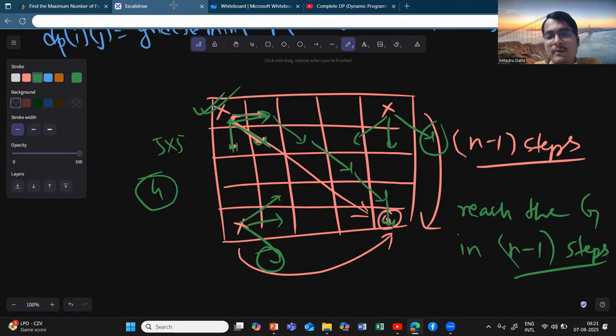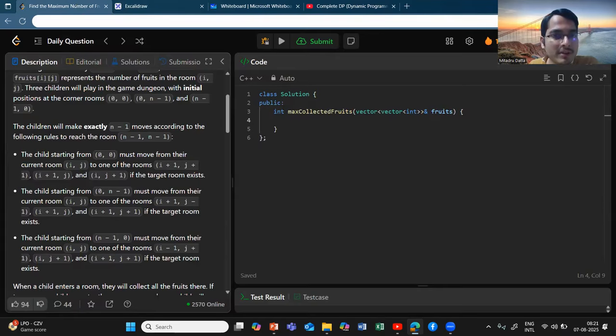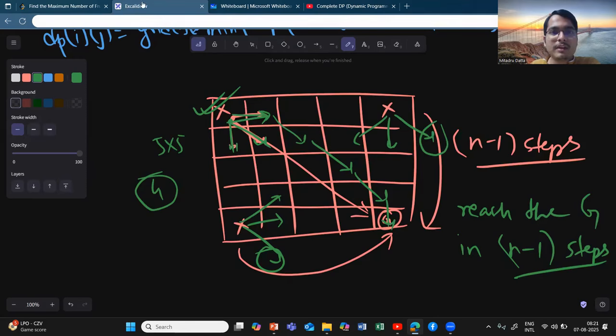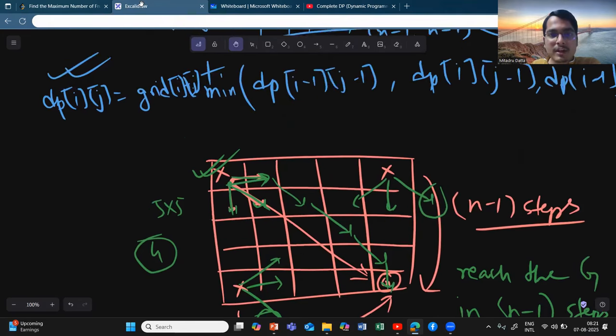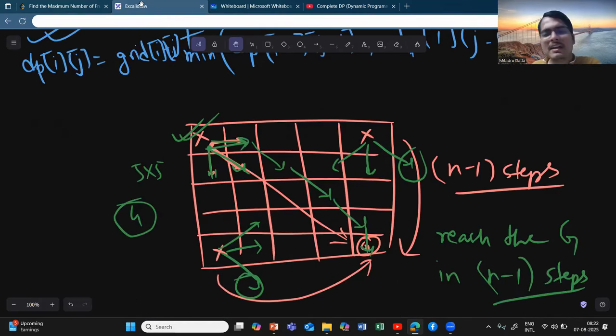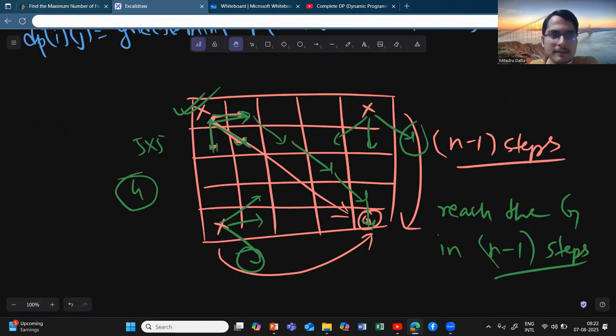And it is also given that in whichever cell you go, you collect all the fruits. So you just collect all the fruits, and you want to maximize the number of fruits collected by all three children. In the problem I was talking about earlier, there is only one child and it wants to go from start to end. But here there are three children, and you just need to maximize the count of all of the fruits collected by them.